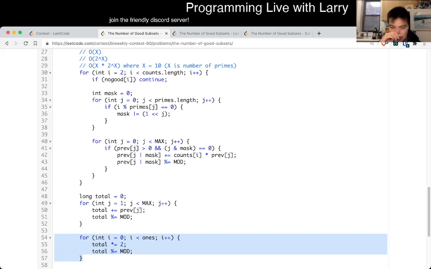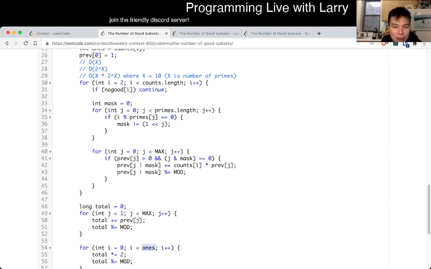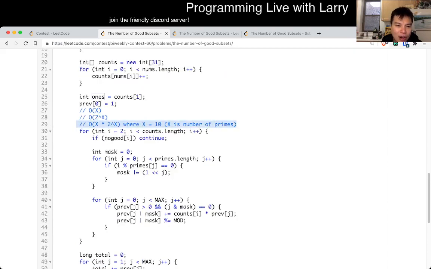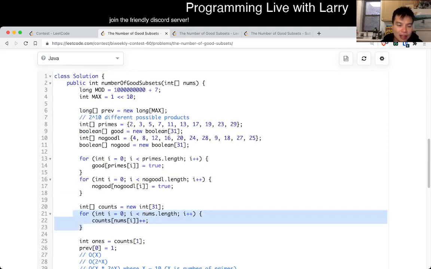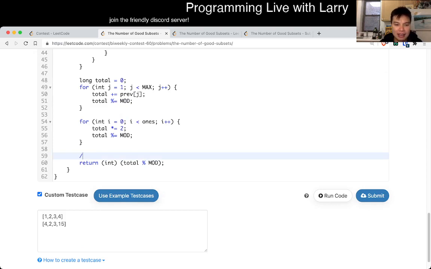So it's just another for loop. In total complexity, because we have to look at each number at least once, this is going to be O of n plus X times 2 to the X, and this is going to be fast enough.